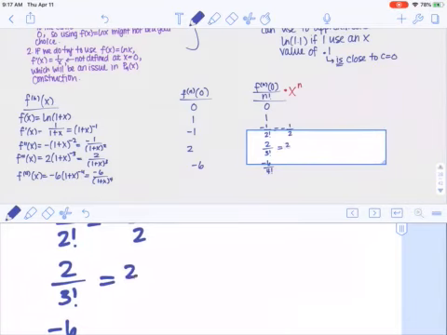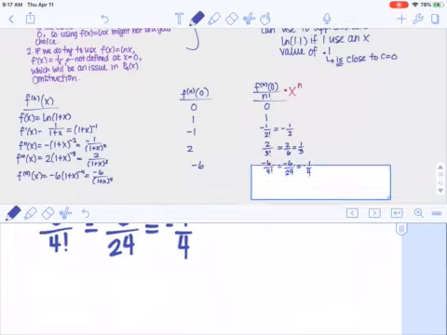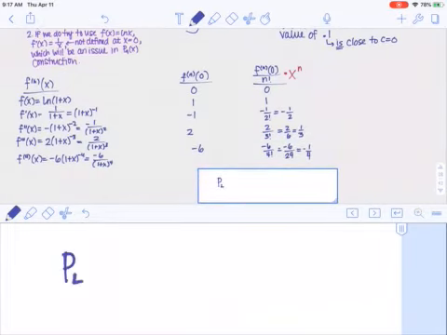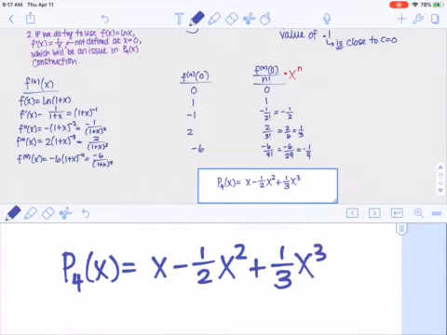It might make sense to go ahead and simplify these. Again, you are not required to. It might be good to practice every once in a while just in case for that multiple choice question that you feel comfortable simplifying these. So my fourth Maclaurin polynomial would be 0, which you don't have to write, 1 times x, negative 1/2 times x squared, 1/3 times x cubed, minus 1/4 times x to the 4th.